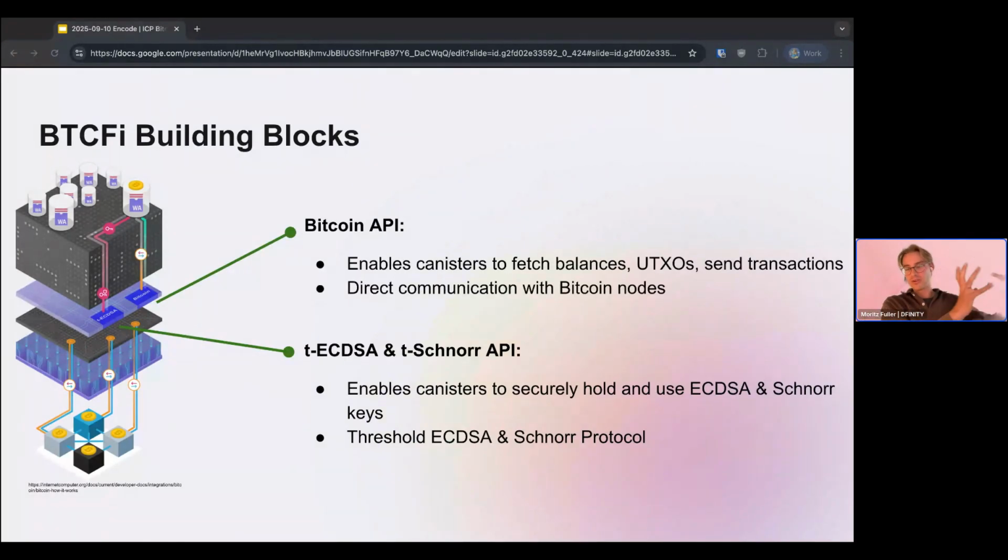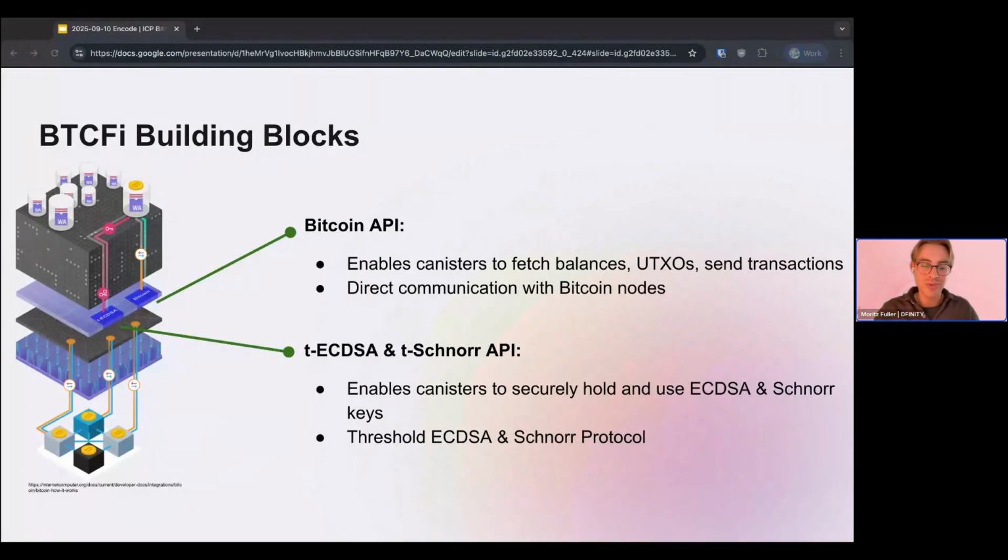So that is reading and writing, right? I can read, that is, I know the balance of an address, or I know the UTXOs that belong to an address. This is basically the only interesting read operations you would do on Bitcoin. And I can also write, because I have the capability to send a transaction to the Bitcoin network.